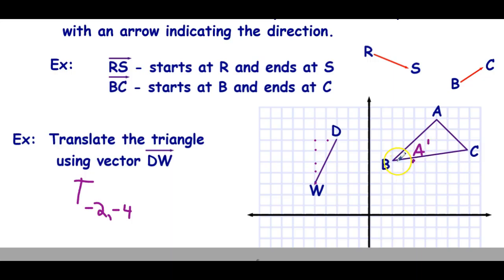You can do that on your paper at the same time. Now I'm going to do that with B. 2 to the left and 4 down to mark B prime. You can do that on your paper. And let's move C. 2 to the left, 4 down to mark C prime.